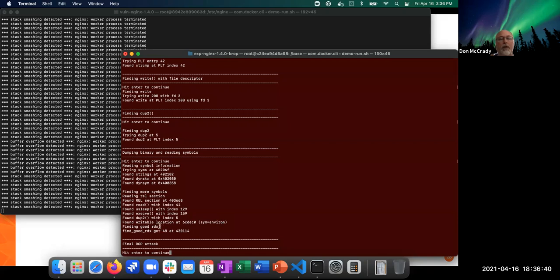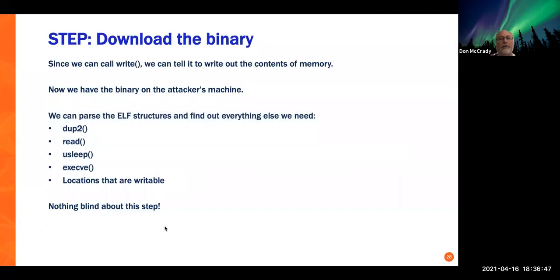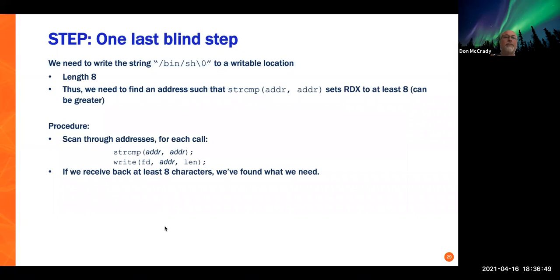And I'll have a slide for this, finding good RDX. Let me explain that here. We're going to try and execute a reverse shell, and this is our shell /bin/sh with a null terminator. That is 8 bytes long. So remember, we're using strcmp to sort of control RDX.